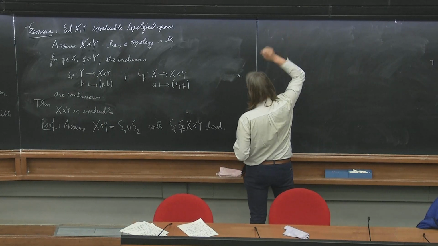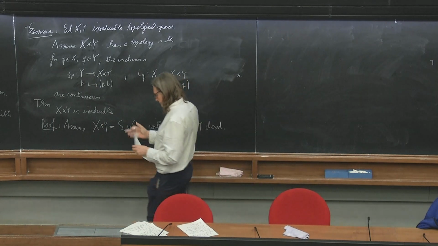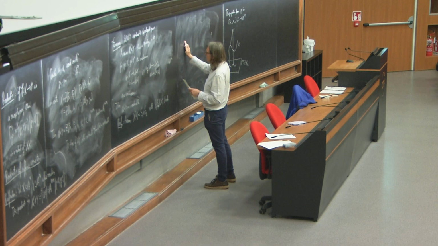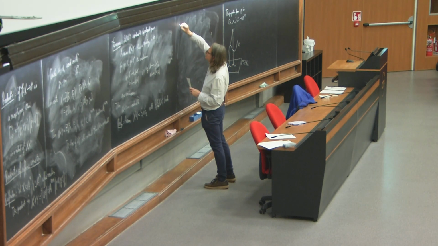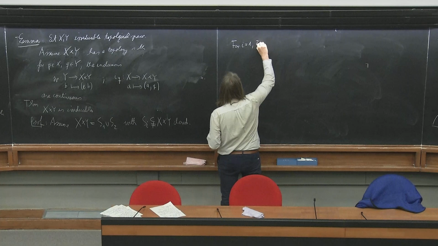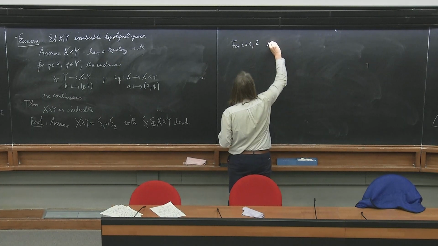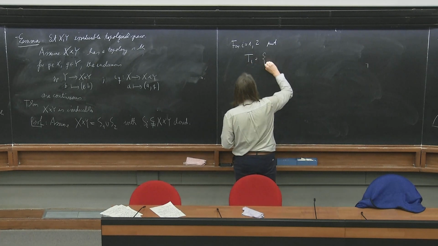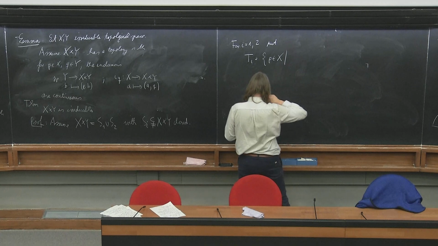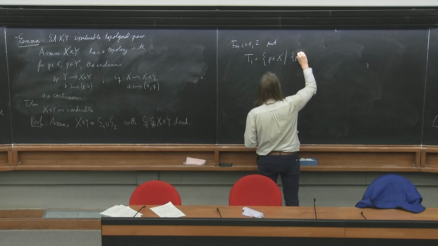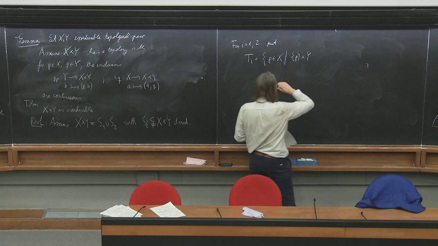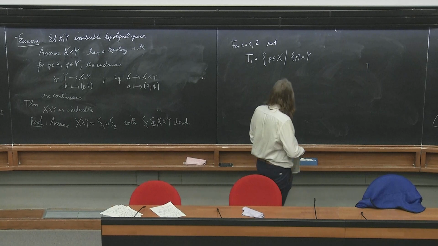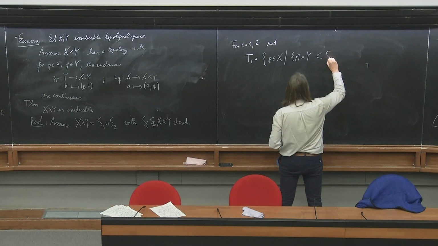And so we will write down the candidates of two closed subsets of X, which should decompose it into closed subsets. So for i equals 1, 2, we put T_i to be the following. We take all points p in X such that if I take p times Y, so the whole fiber over p, everything whose first component is p, is contained in S_i.